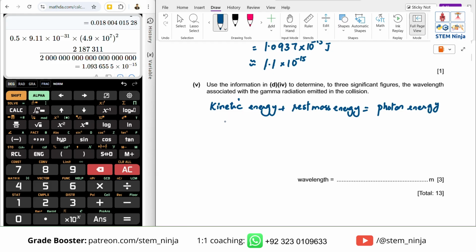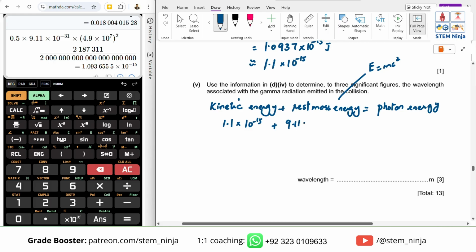Kinetic energy was basically what we just found out, 1.1 × 10^-15 joules. Rest mass energy is E equals mc squared, so 9.11 × 10^-31 times (3 × 10^8) whole squared.